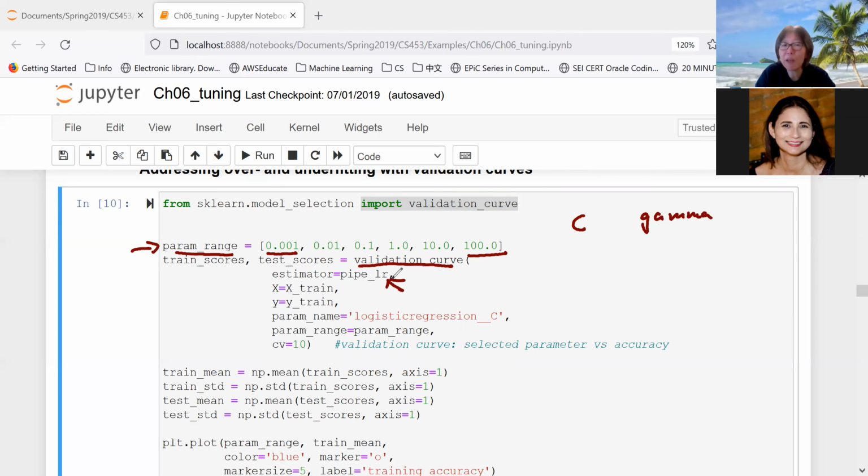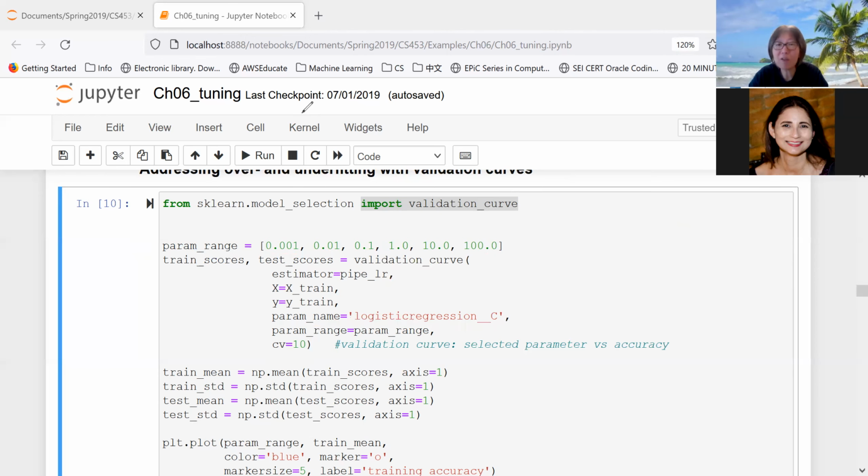So you plug in the model, the training model, and the parameter you also need to specify. What parameter is it, regularization or gamma or something else? And the parameter range we already provide, and the number of splits for the folds.